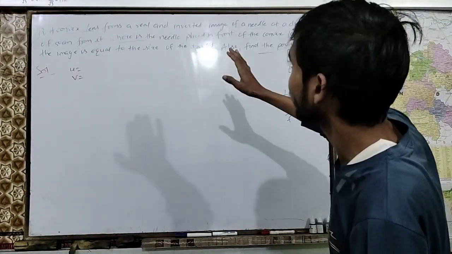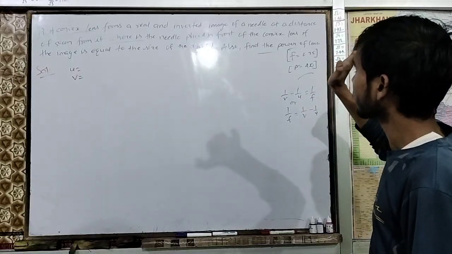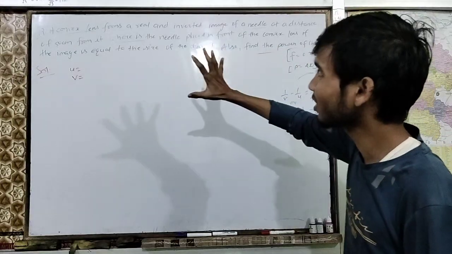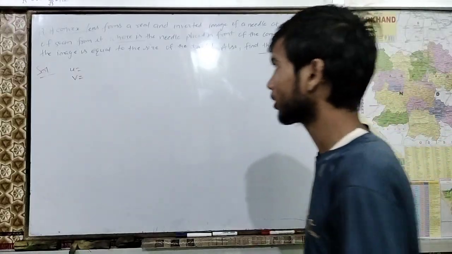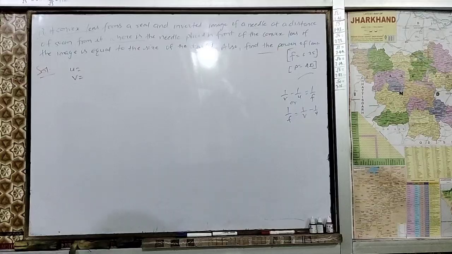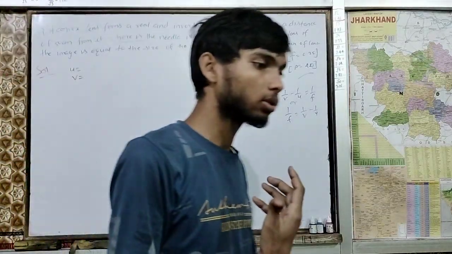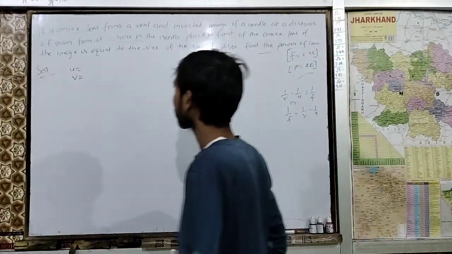Now it is asking where the needle is placed in front of a convex lens if the image is equal to the size of the object. It means whatever the size of the object will be, we will take the same size for the image.